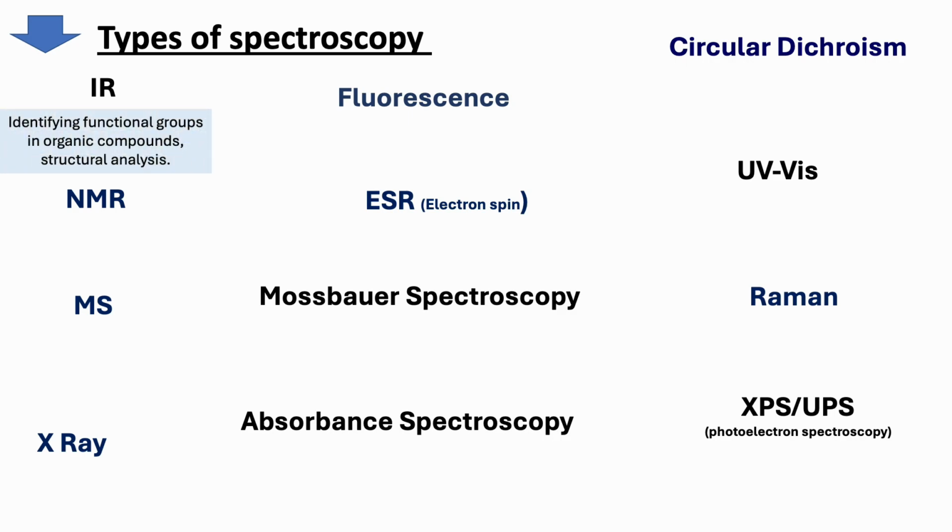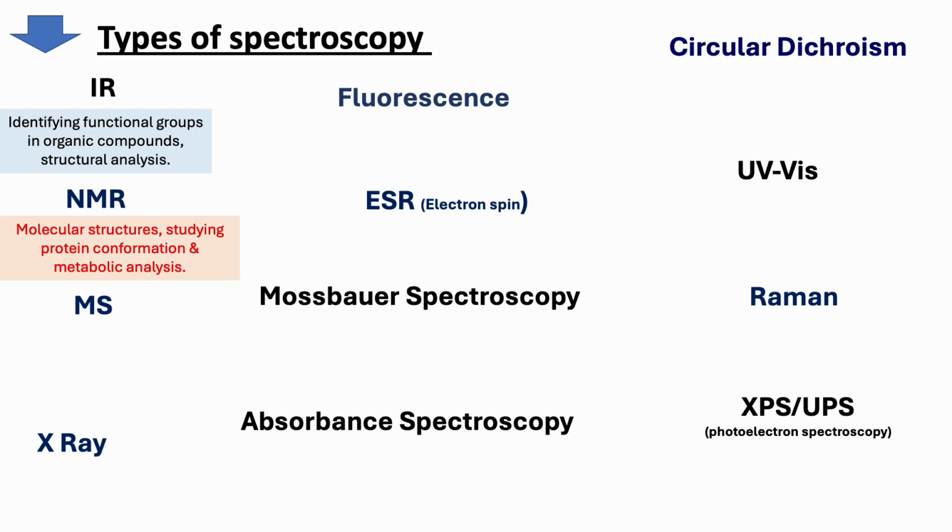In the first case, that is IR, it is generally applied in identifying functional groups in organic compounds and to understand the structural analysis of many substances. And NMR helps to study the molecular structure, the protein conformation, and metabolic analysis.